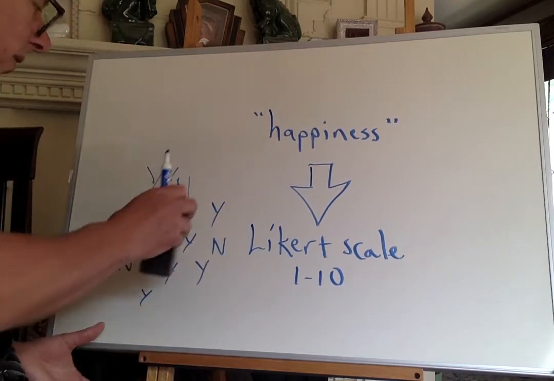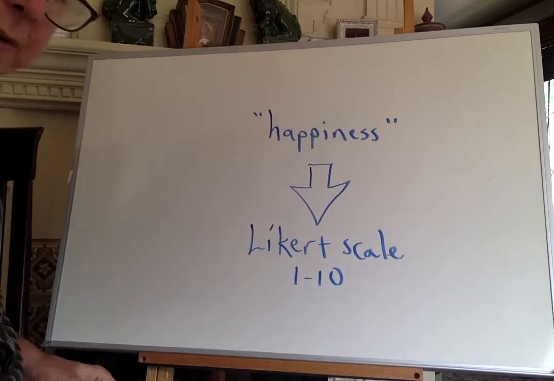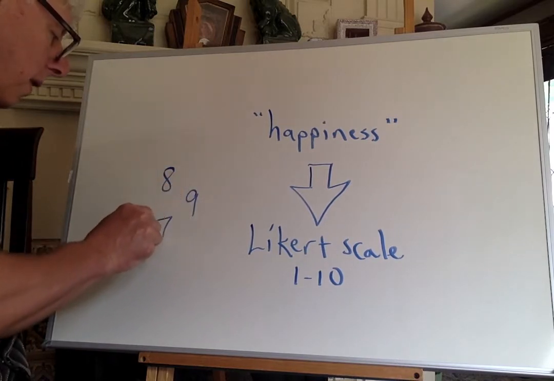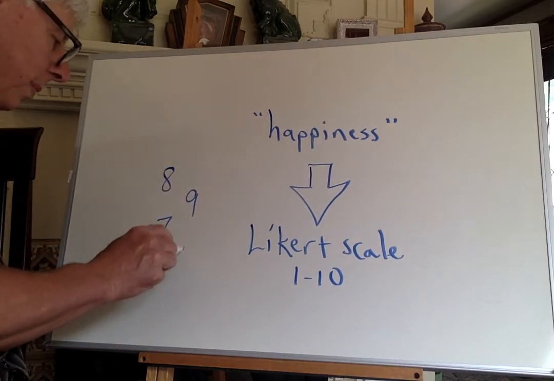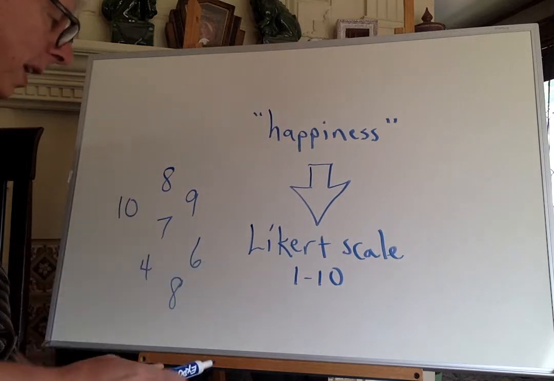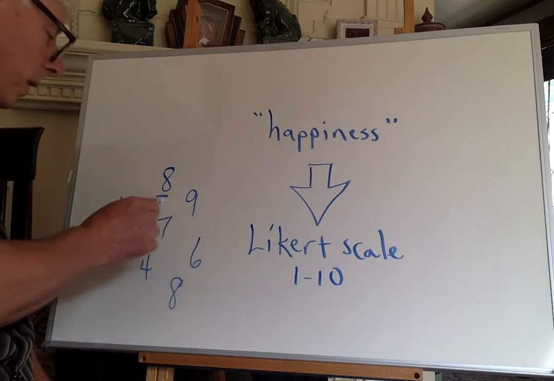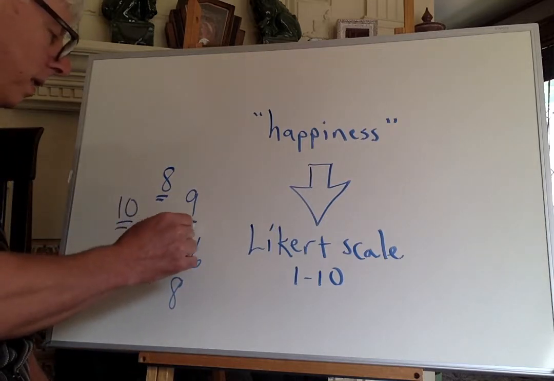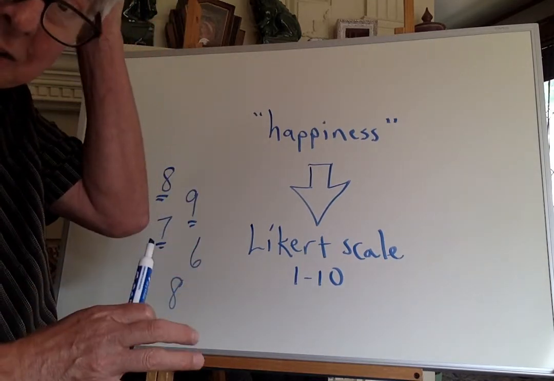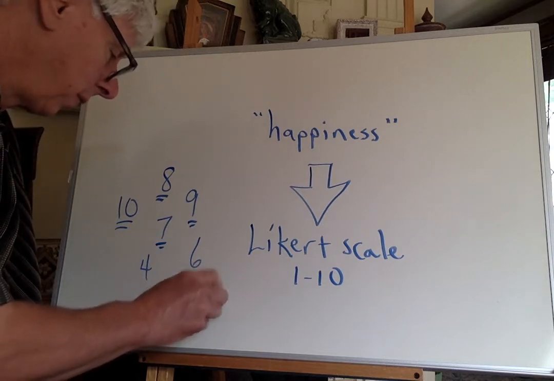When we use a Likert scale, here's what happens. Here's a yes, here's a yes, here's a yes, here's a no, perhaps. Here's a yes, here's a yes, and here's a yes. But notice here that we can tell the difference between different yeses. That is, this allows us to have more resolution.